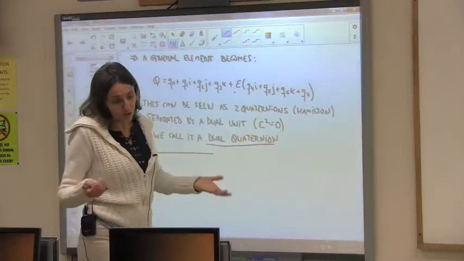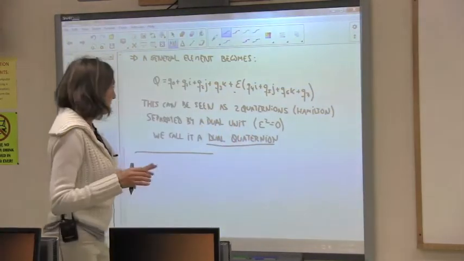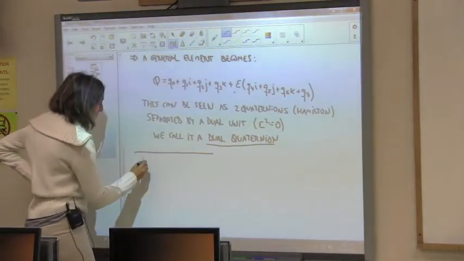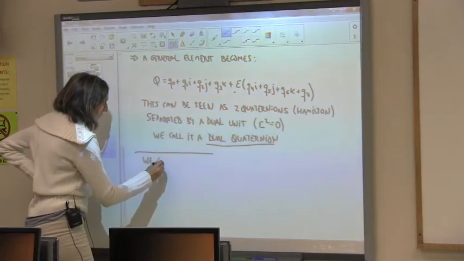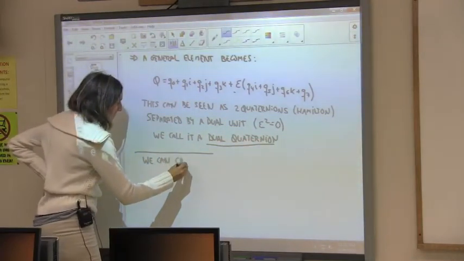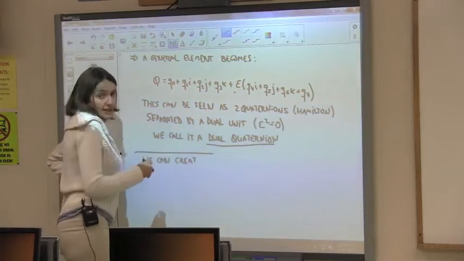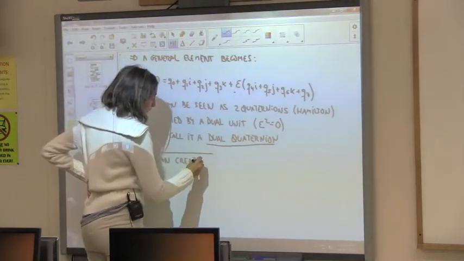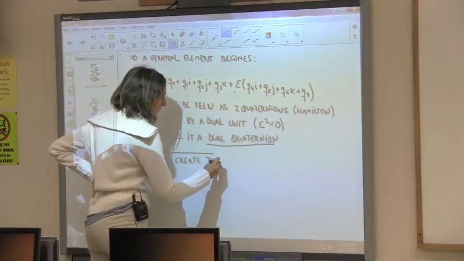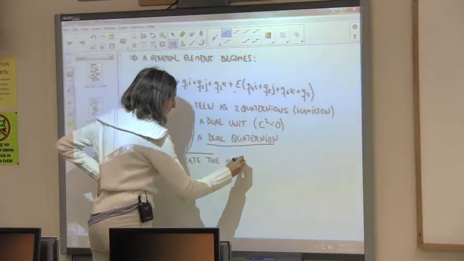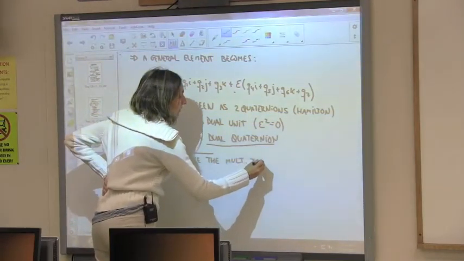It's useful to have the multiplication table. Remember, we can create the multiplication table. It's a big one, an 8 by 8, so we are not going to do it. We already did it with a couple of examples last day, but you have it in the notes.